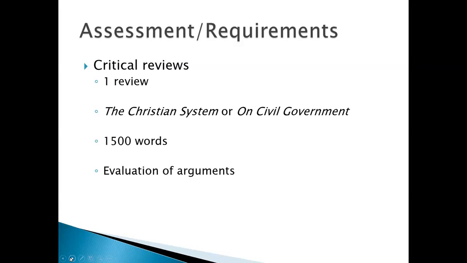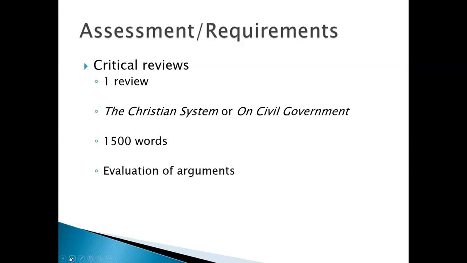You will have your choice of doing a review on either the Christian system or on civil government. So feel free to pick them. If you would like to talk to me more about it, that's fine. So feel free to get in contact with me about that. The essay must be 1,500 words, which works out to be about 5 pages.